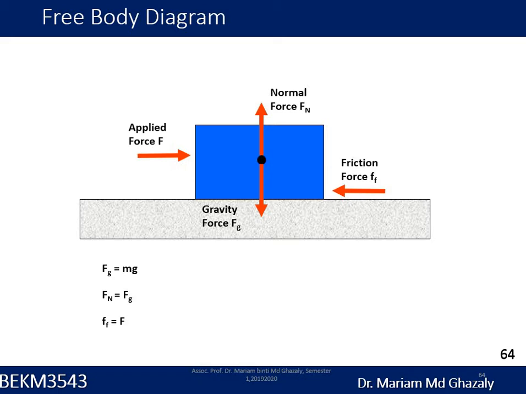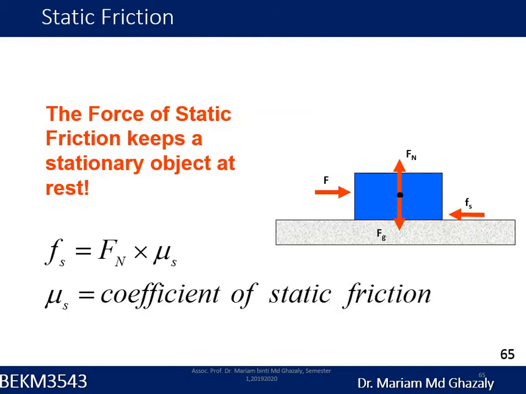You have the gravitational force pulling the mass towards the earth, and the normal force, which is opposing the gravitational force. The normal force is always perpendicular to the surface, and it is drawn like that in a free body diagram. The force of static friction keeps the stationary object stationary, so it keeps the object still.